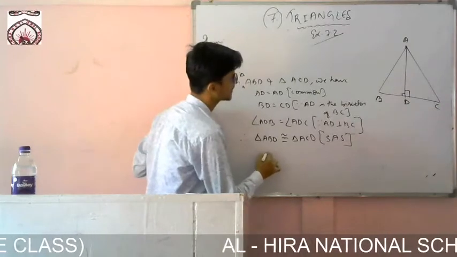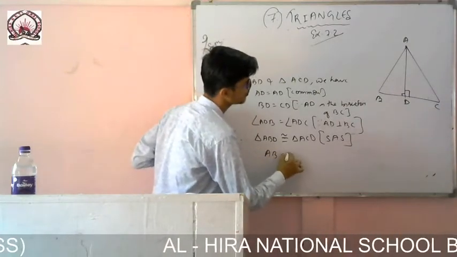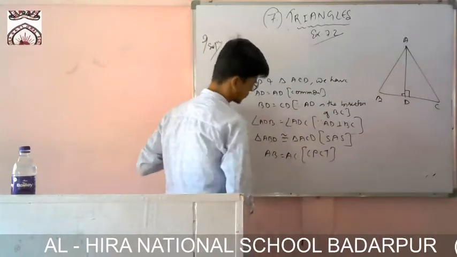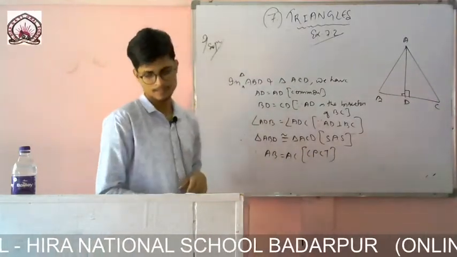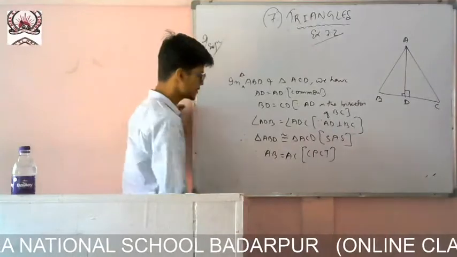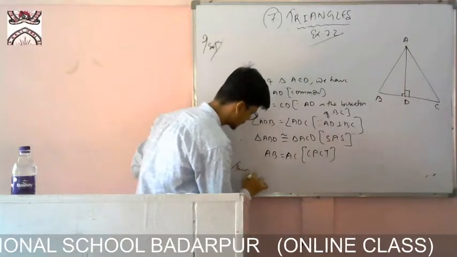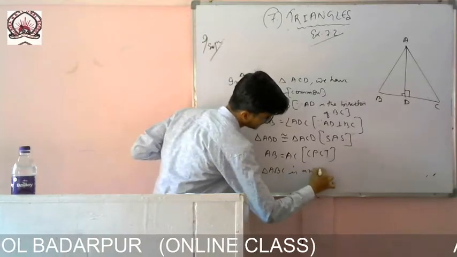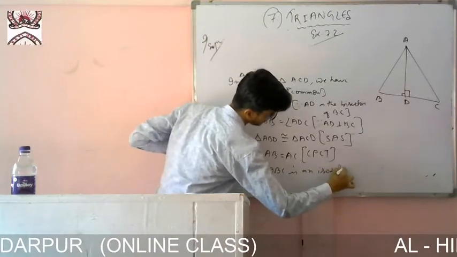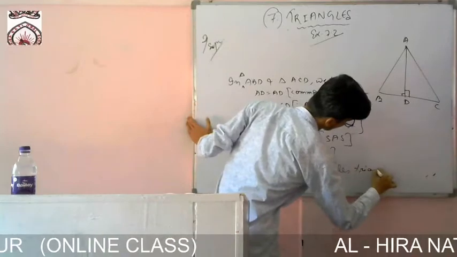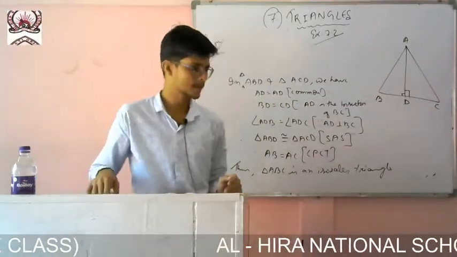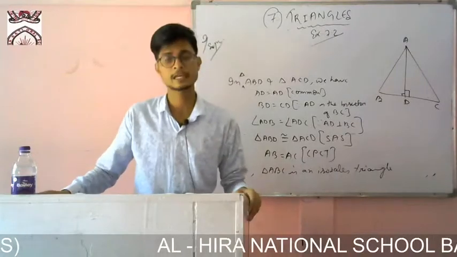Therefore AB is equal to AC, and the reason is CPCT. So triangle ABC is an isosceles triangle. Thus triangle ABC is an isosceles triangle.